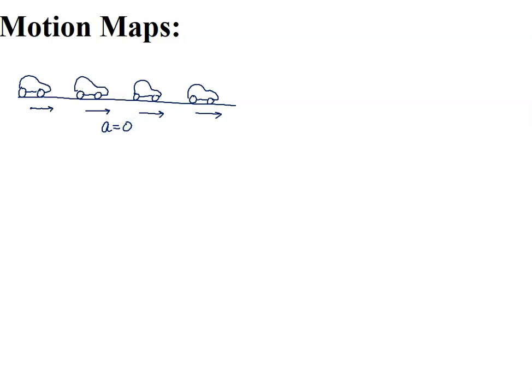Now on a motion map, the other thing I'm going to do is determine what is my positive direction and what is my negative direction. In this problem, it may not matter as much as some of the others, but you should get in the habit of deciding which direction is positive and which direction is negative.